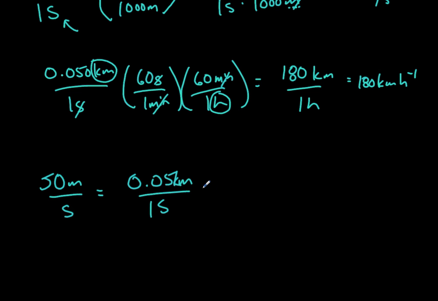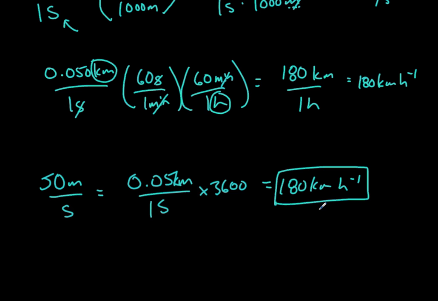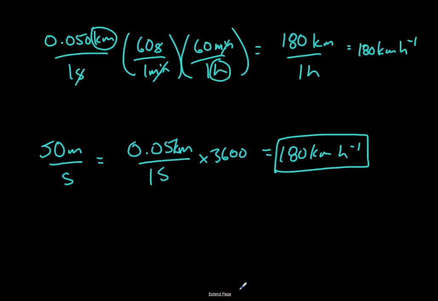And then if we go 0.05 of a kilometer every second, we know we go 60 times that much in a minute and 60 times that much in an hour. 60 times 60 is 3,600. So half of that is 1,800, divided again by 10, right? To move it back one more. That's how we get our 180 kilometers per hour. Okay? So that's a way to convert between two kind of different units. All right, let's try one more, and then I'm going to let you go to work.